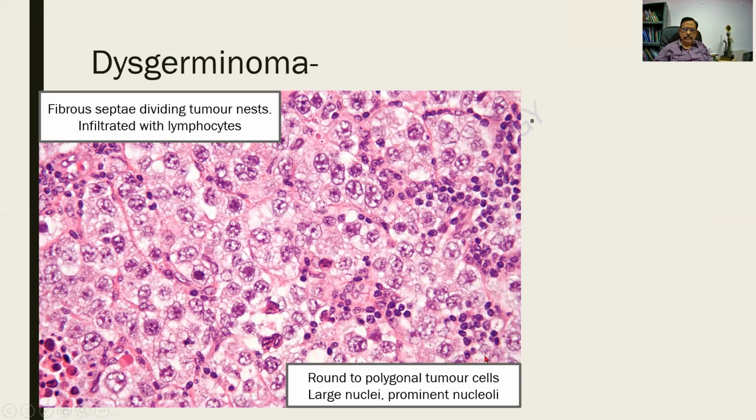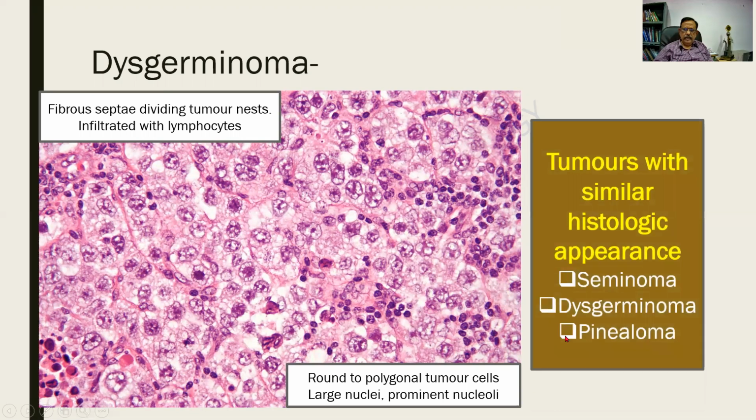So this is one. The same description, but the purpose of the slide is different. There are some tumors with similar histological appearance, and they are seminoma, dysgerminoma, and pinealoma. 3 tumors with similar or identical histological appearance.